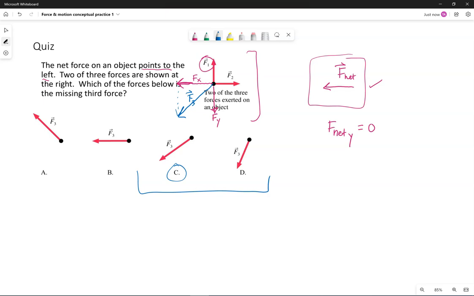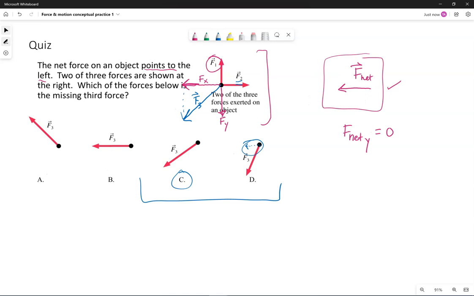The reason for that, if I were to draw out option D, this x component would be really short. It would be shorter than F2, which would give us a resulting net force in the x direction pointing to the right. So that is why C is the correct answer here.